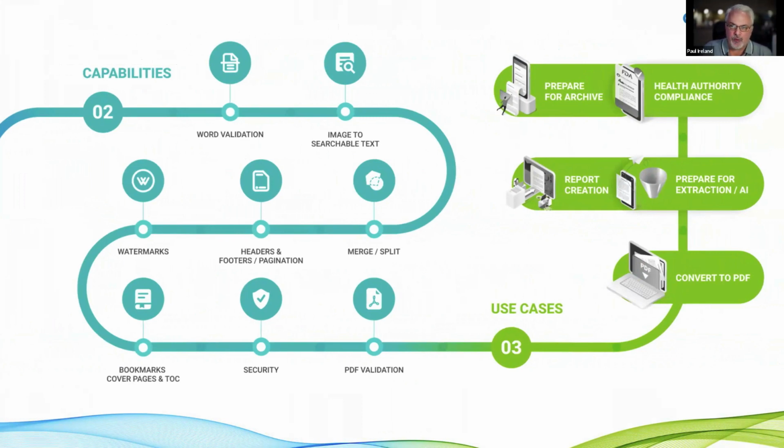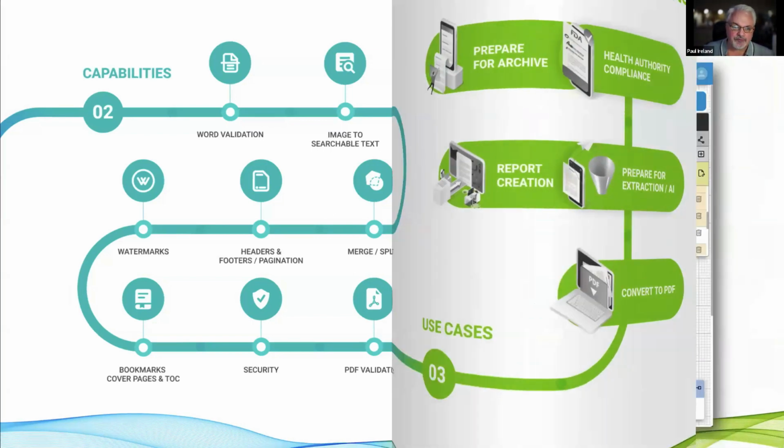We're really going to focus here more on the conversion to specific formats of PDF, and maybe pulling a few elements from these capabilities like tables of contents that may be required to make that leaf document compliant by making sure it has a TOC where it needs it, and so on. So we'll use some of them, but ultimately a lot of these capabilities can be used depending on the use case. Here we're going to focus on health authority compliance, creating multiple health authority compliant PDFs in this case. But again, it can be leveraged in different ways for different use cases as well.